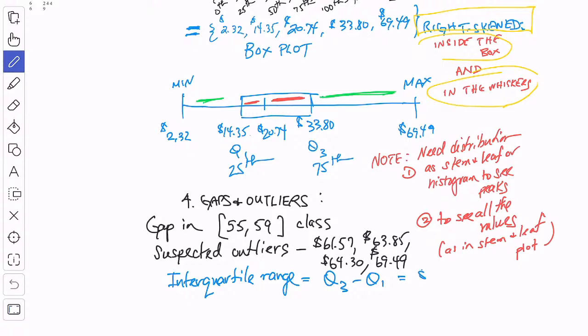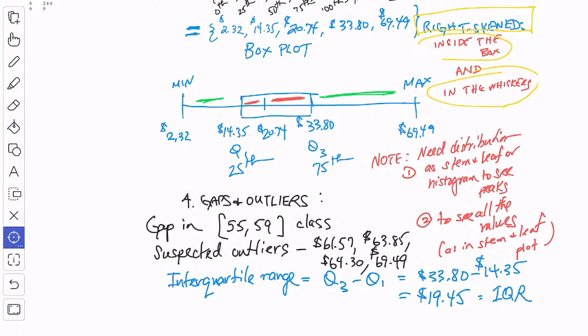Q3 is 3380 minus 1435, and you get 1945, all right? So 1945 is the IQR, interquartile range. So that's how spread out the middle 50% of observation is, so the regular portion of the data.